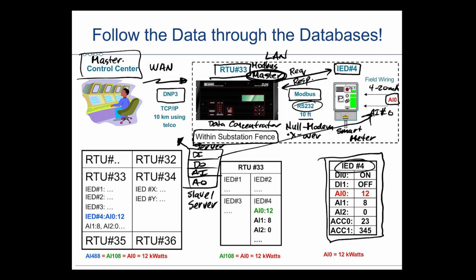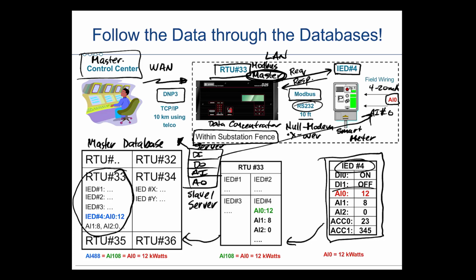And we can see how the databases are being communicated through the system to reach the master control center, where RTU33 has its spot within the master database or master data map. And the information from one particular IED in the substation is making its way through the SCADA system using data communication protocols.